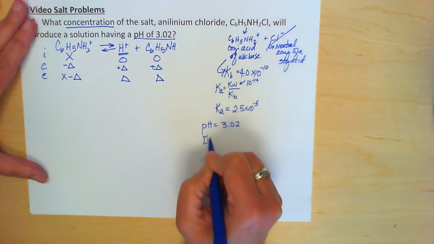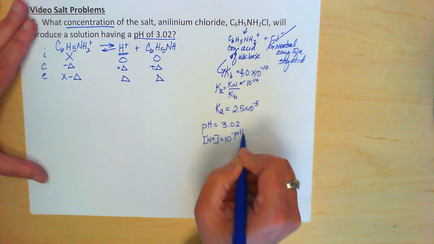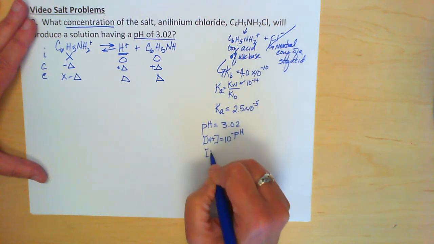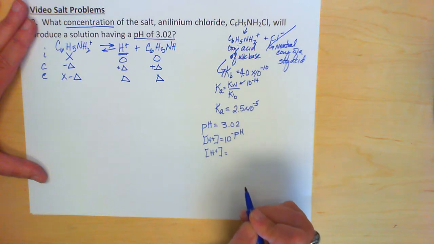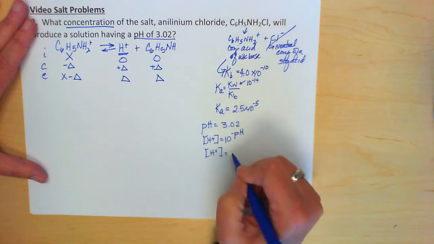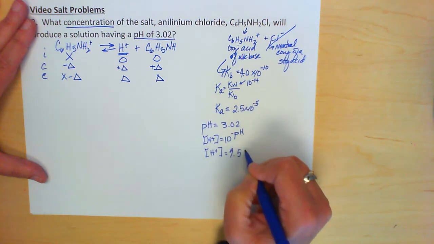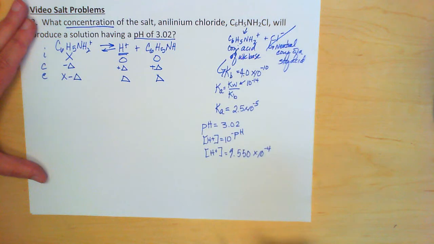That means my hydronium ion concentration is equal to 10 to the negative pH, which means that the hydronium ion concentration is going to come out equal to 9.5499, so we're going to call this 9.550 times 10 to the minus 4th.